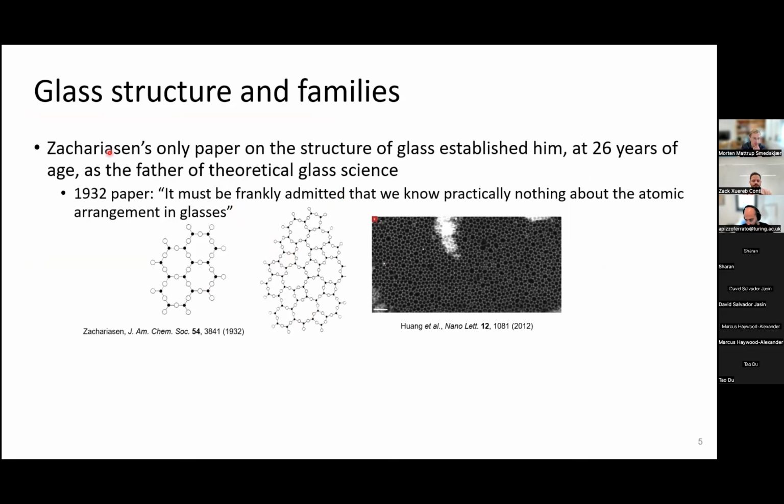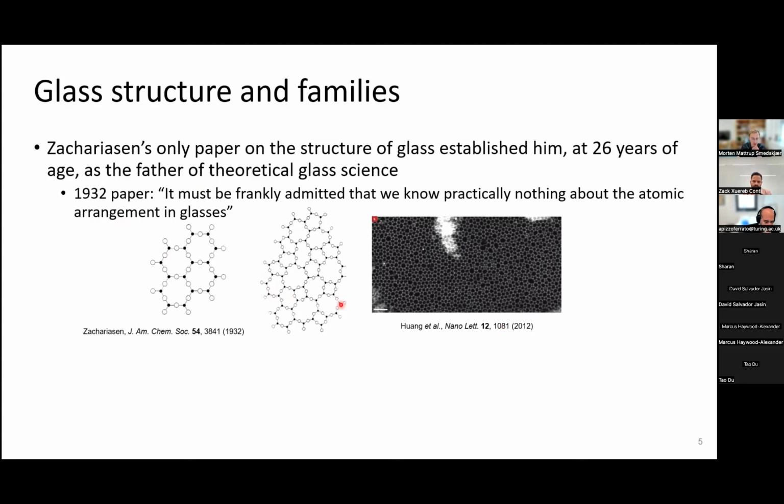And the study really started from this brilliant paper by Zachariasen in 1932 at the age of 26, with this statement here. Of course, we know more today than at that point, but there are still a lot of things to understand and analyze, and that's where we think physics-informed machine learning methods, for example, can be very helpful.